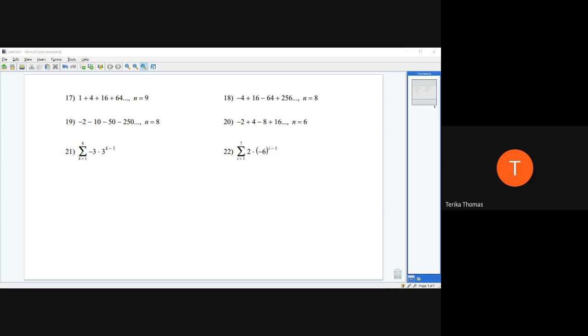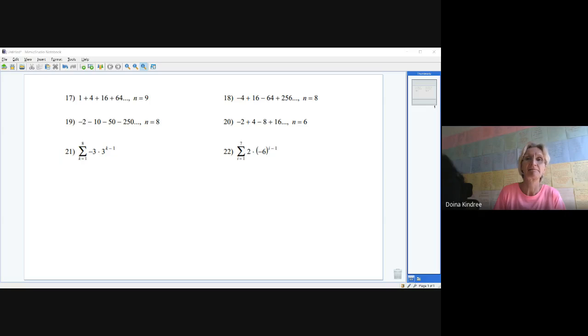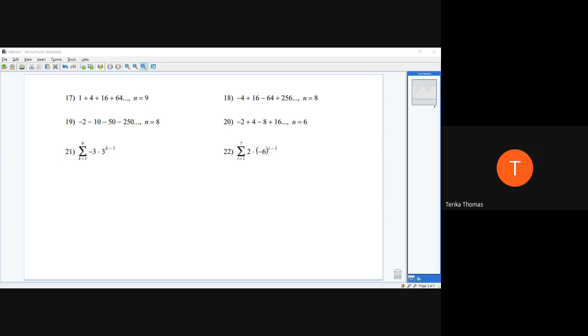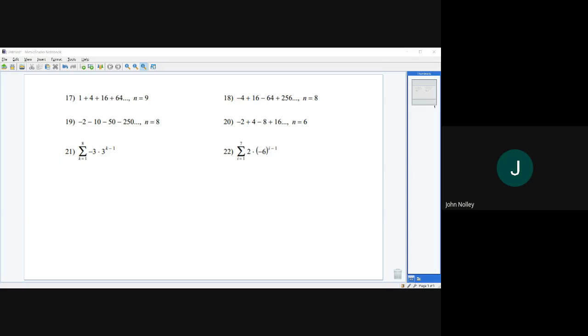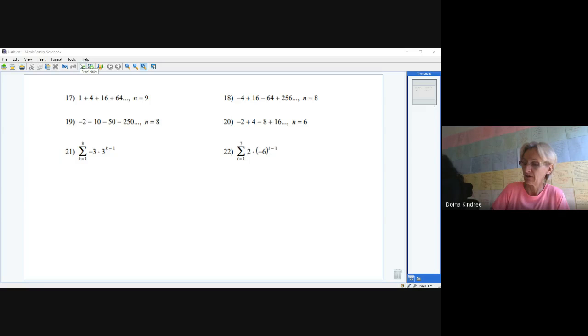What do you see? You've got to find the rule, I guess. The rule? Or like how to solve it, right? Okay, but what are we looking at? We are looking at geometric series. Can we describe this geometric series, have the same thing in common? They show us n equals 9, n equals 8, n equals 8, n equals 6.